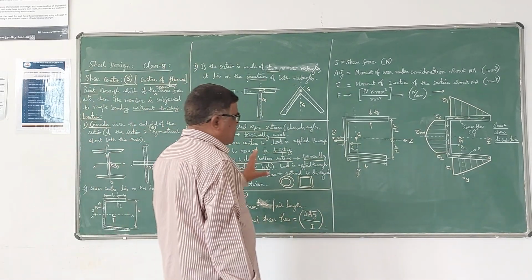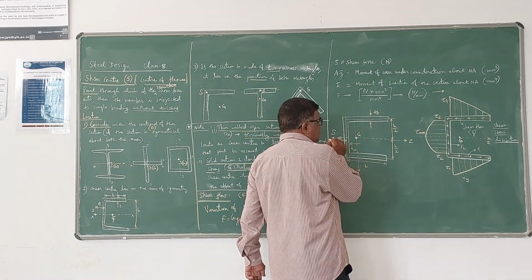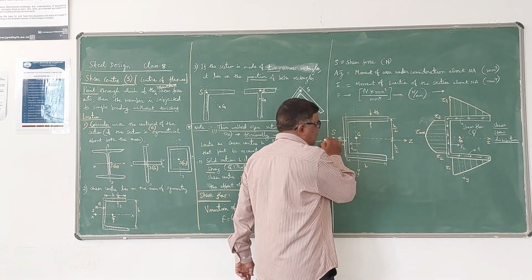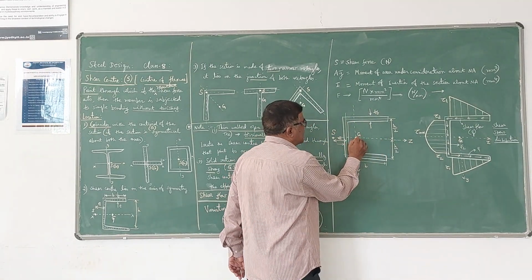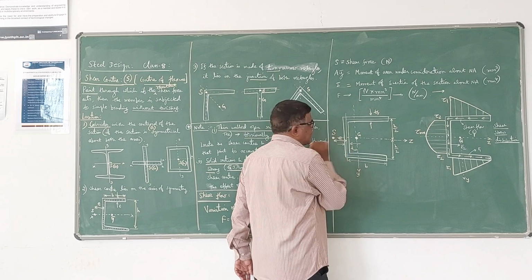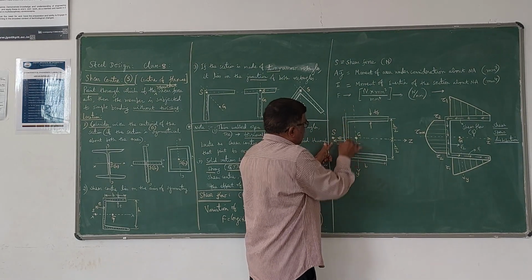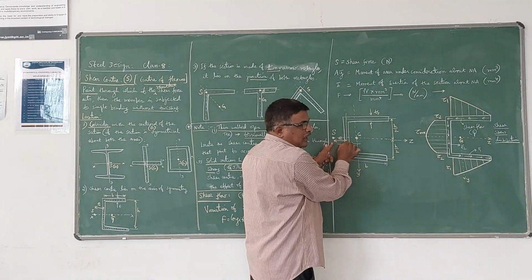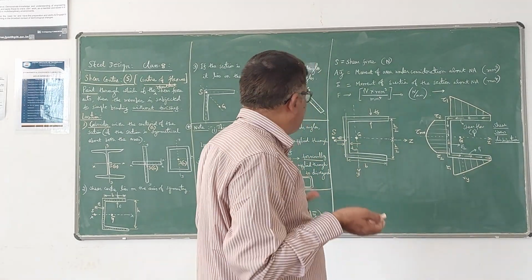Now if you take a simple example of a channel section which is symmetrical of course about the z axis here. I have taken horizontal as z, vertical as y here. So centroid lies here, shear center lies here. So the distance of the shear center from the center line of this web portion, I have taken it as small e, or you can call it eccentricity.